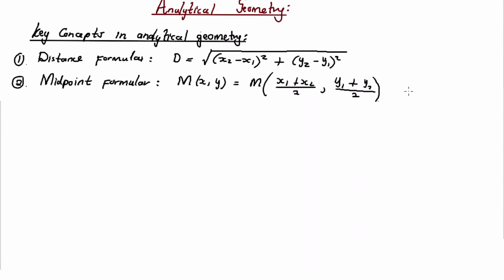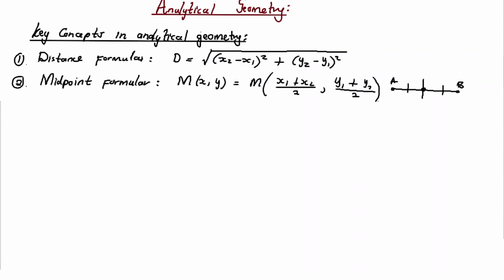So let's say you have a straight line, A, B. A midpoint would be a point located somewhere in the middle of the line AB, making this equal to this.